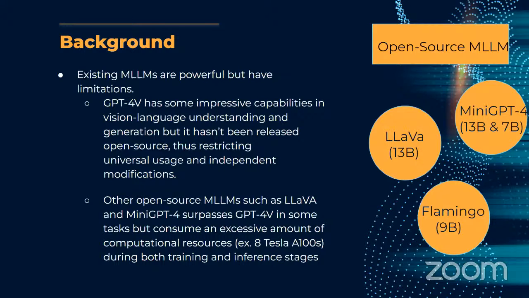On the other hand, we have open source multimodal large language models such as LLaVA, Flamingo and MiniGPT-4. But the constraint with these is that they consume a large amount of computation resources, both for training and inference. As mentioned here, MiniGPT-4 uses eight Tesla A100s for both training and inference stages. Next slide, please.